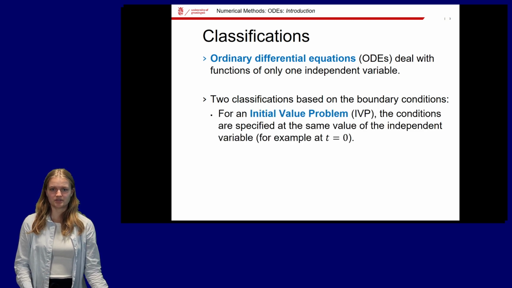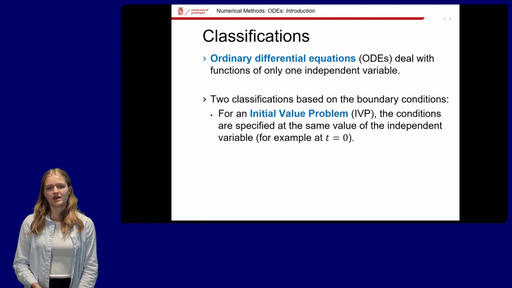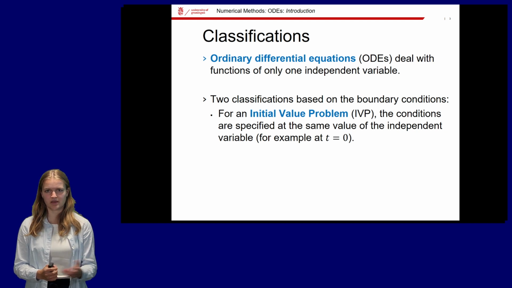On one hand, we have initial value problems, or IVPs, and here the conditions are specified at the same value of the independent variable. Often this will be at t equal to 0.